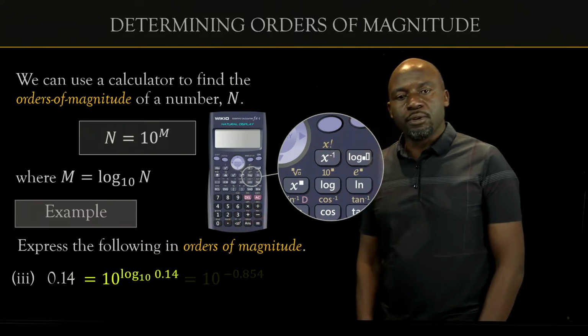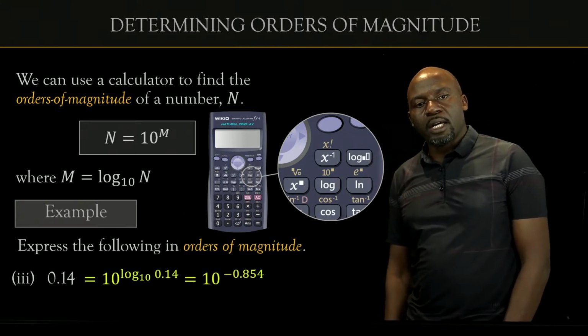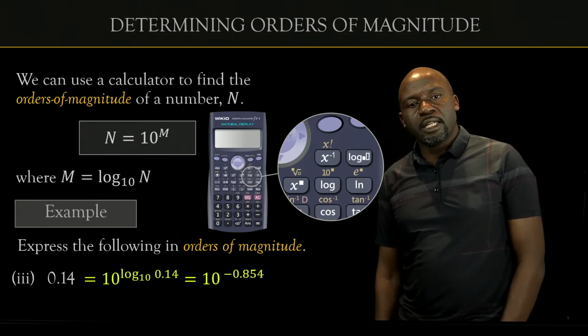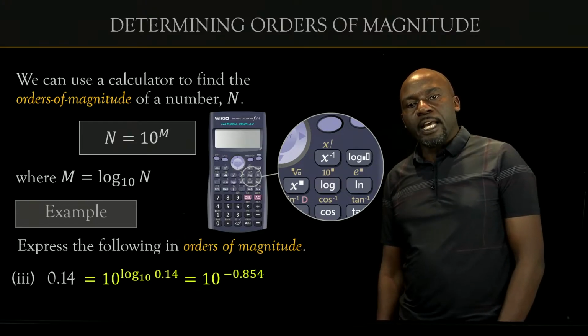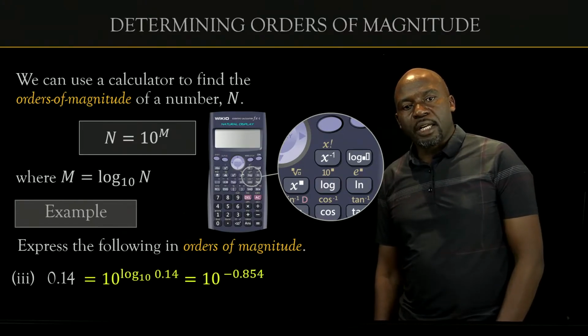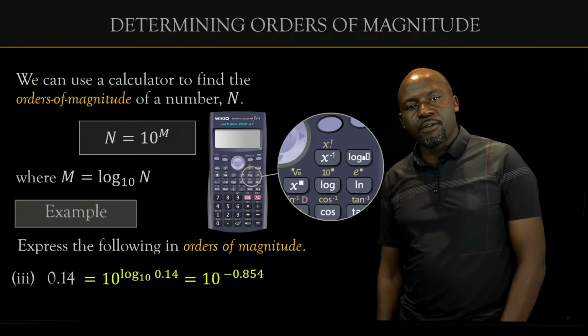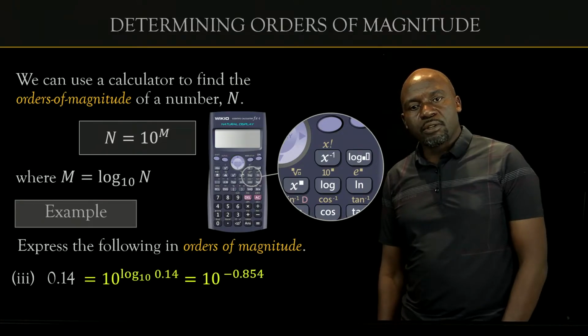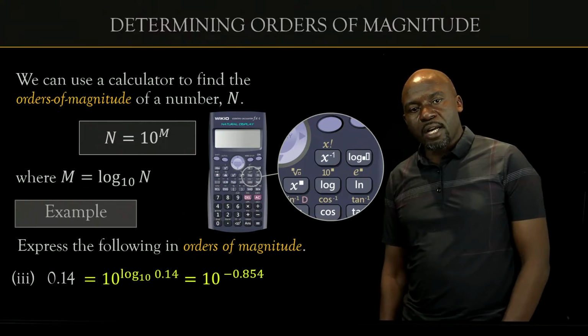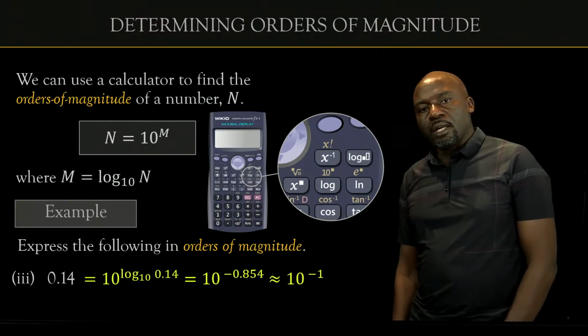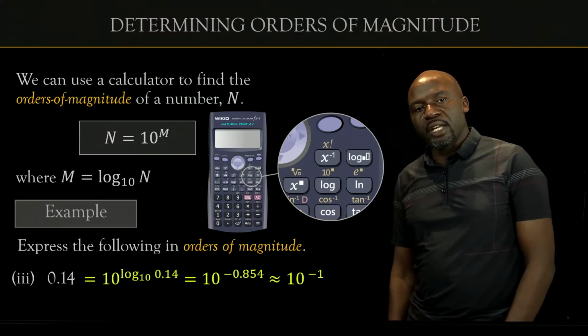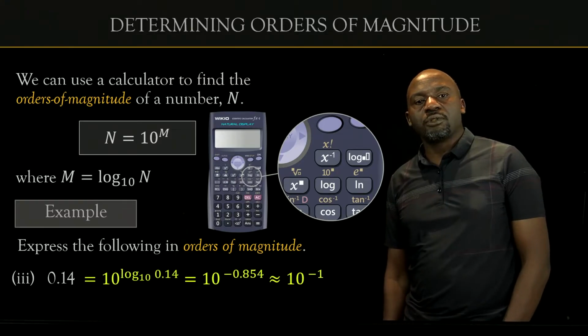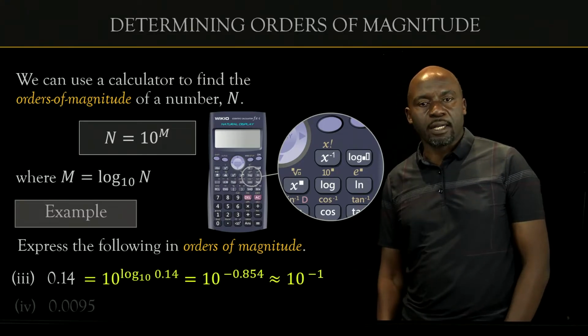So if we do that, we get 10 power negative 0.854 again. If we round that off, you will see that we end up with negative 1, and therefore 0.14 in orders of magnitude is equivalent to 10 to the power of negative 1.